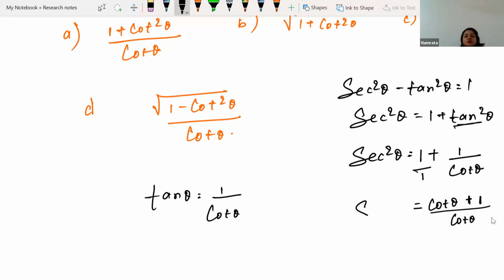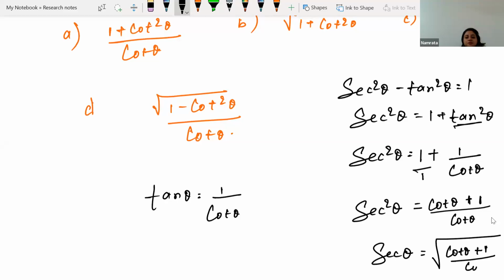Okay, this is what we have as sec square theta. Now we have to find sec theta. So can we say it will be under root of everything, that is cot theta plus 1 by cot theta? Okay, one thing, we have made a mistake over here. It was tan square theta.